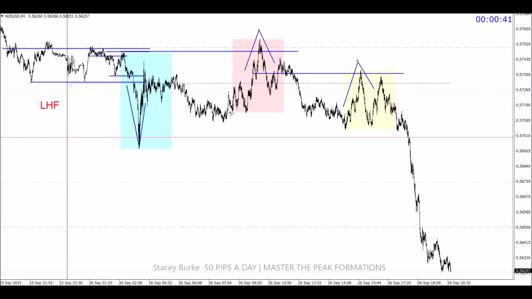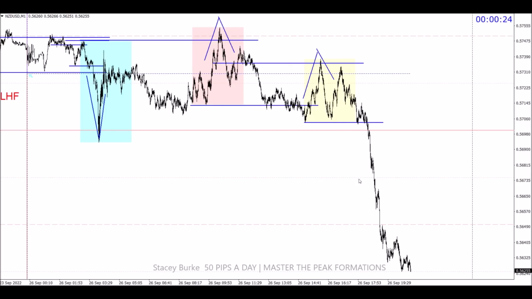We have a break in structure. So we have higher lows heading into the Europe-London window. They break through that, and that now becomes our anchor point for our base, for our pump and dump trade setup back through the low of the day.